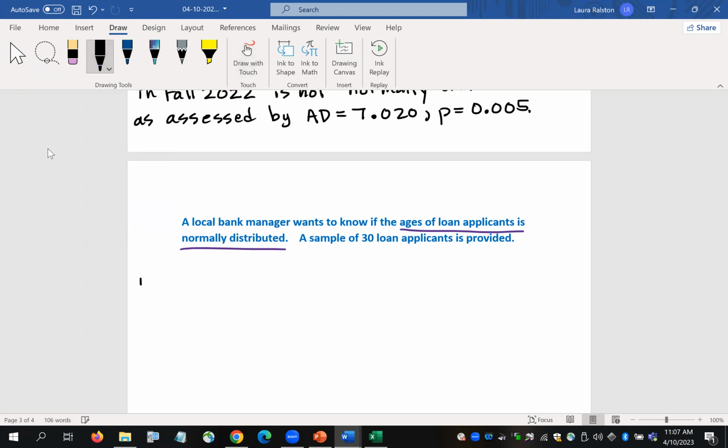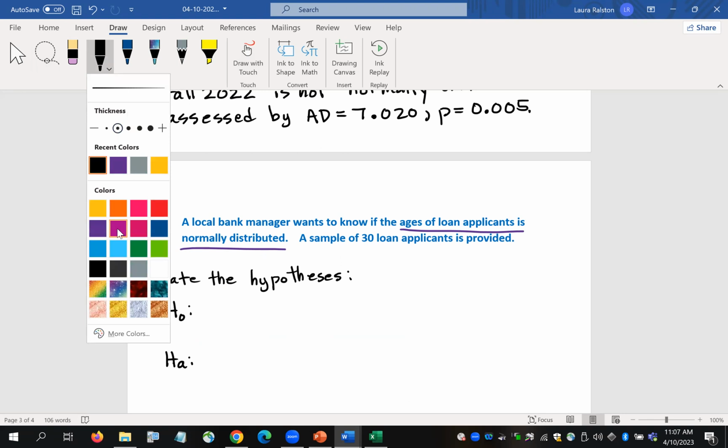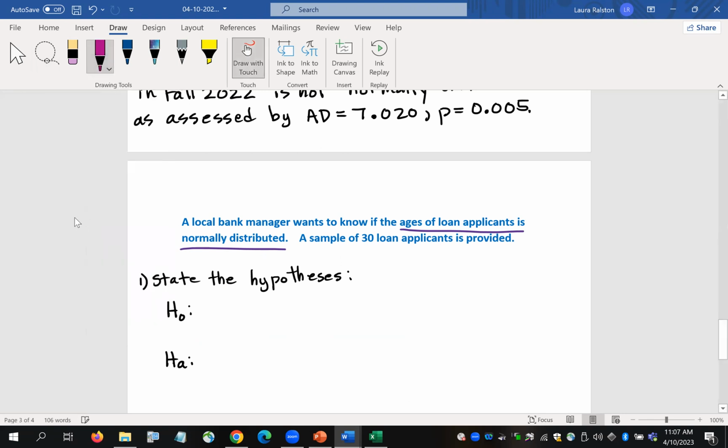So the first step in any hypothesis test is to state the hypotheses. Okay, so I would have my null hypothesis and my alternative hypothesis. Again, it's very lockstep.